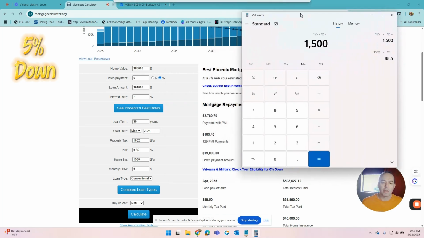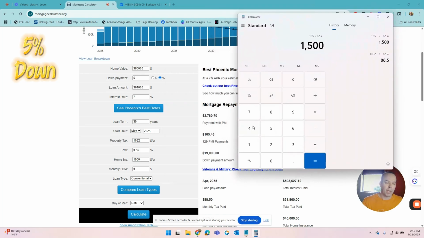Let's do this. I like to give an idea of per 100,000, how much is this costing me? So let's see. 2780 divided by 3,600 equals.